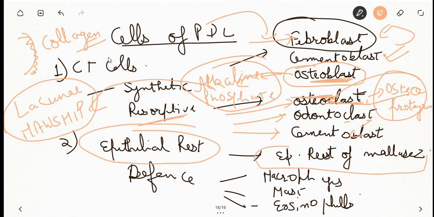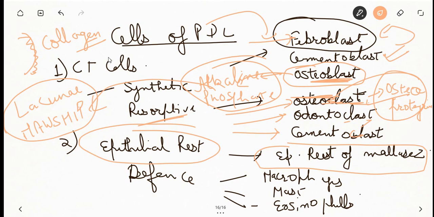The epithelial rest cells, they are the epithelial rest cells of Malassez. They form a lattice in the periodontal ligament and appear as either isolated clusters of cells or interlacing cells.